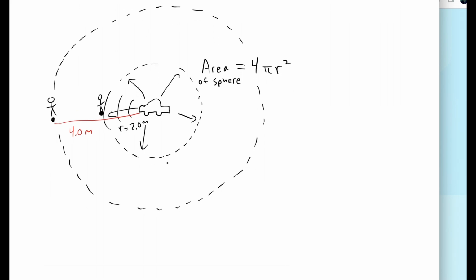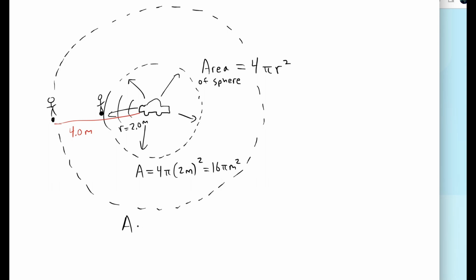So let's calculate what the old area was for the 2 meter distance. That sphere would have an area of 4 pi times 2 meters squared, which is 16 pi square meters.